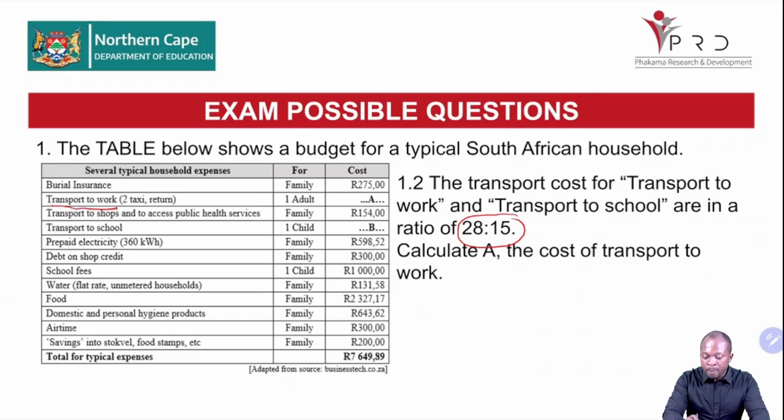And then transport to school. Are you following my learners? So we have got these two values. They are saying they are in a ratio of 28:15. How does that work? How do we find the value of A? So it means they are saying A represents 28 and then B represents 15. So we must find A. Let's work it out and then we come back.